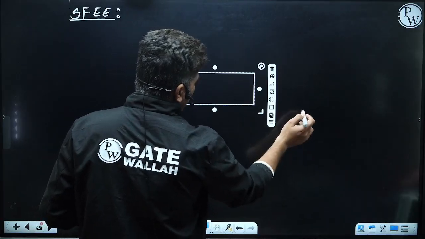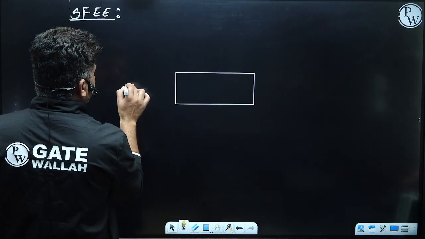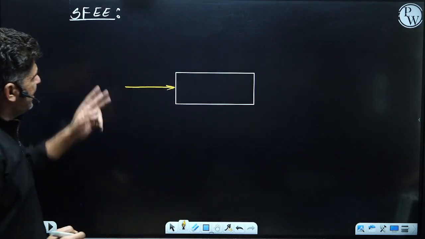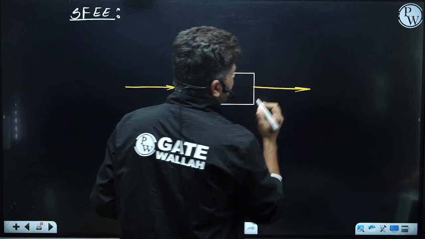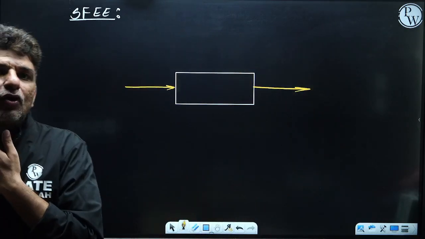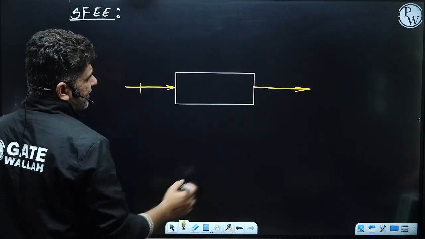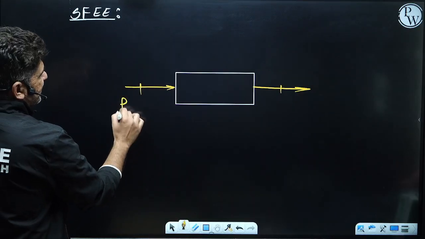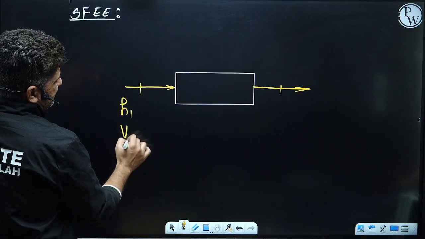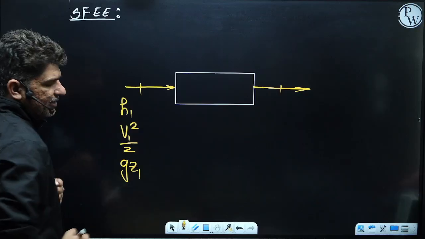So let's say you have a device. In this device, there is a fluid which is entering. This equation is applicable to flow devices, where the fluid flows from one location to another location. So there is a fluid which is entering the device at location 1. With itself it is carrying enthalpy, kinetic energy and potential energy.